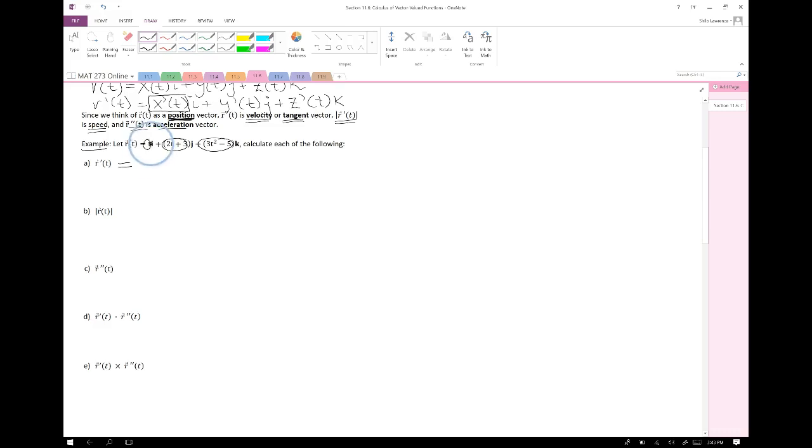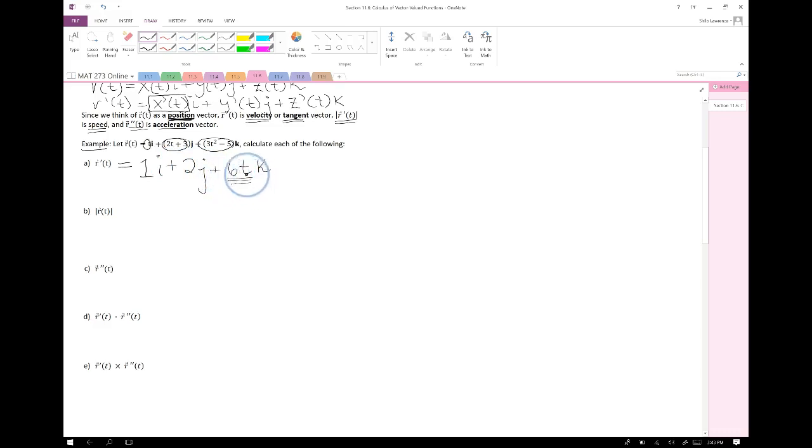So for our i component, the derivative of t is just 1. For the j component, the derivative of 2t plus 3 is just 2. And then for the k component, the derivative of 3t squared minus 5 is 6t. So r prime of t is 1i plus 2j plus 6t k.